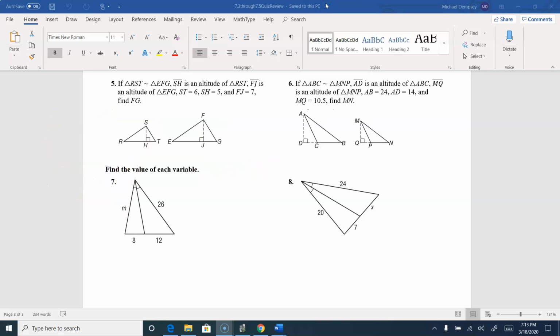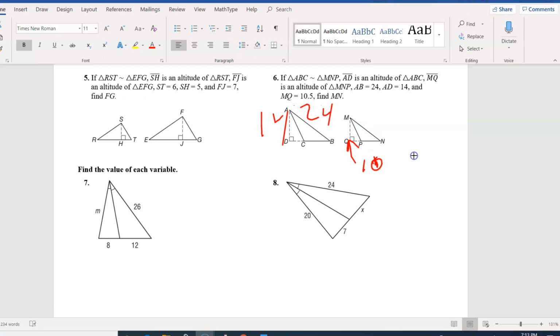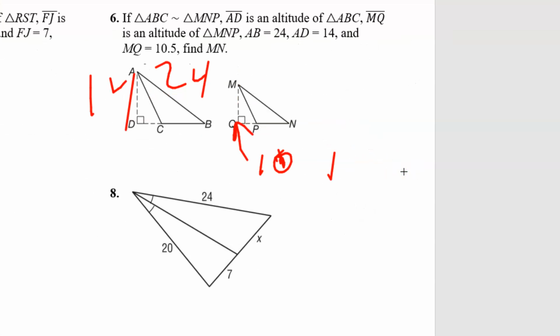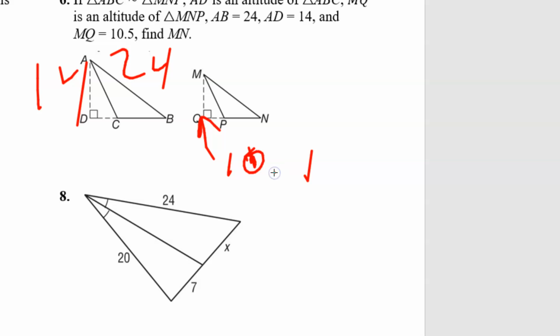Okay. Next one we'll try to label again. Same thing, we have altitudes again here. Here I have that AB is 24. And AD, which is the altitude, is 14. And then we have MQ is 10.5. He is right there. He's the altitude. That's 14. And I want to find MN. Looking for this guy here.